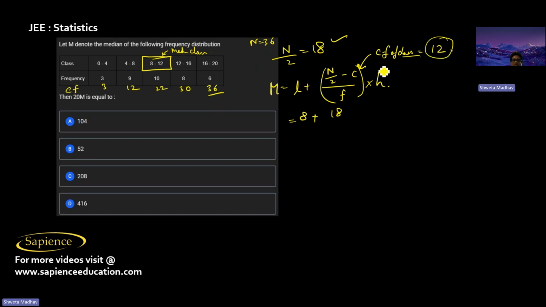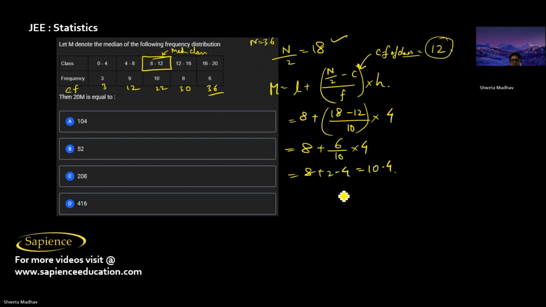So C is 12. 18 minus 12 by frequency f, the frequency of the median class, that is 10, into h. h is the class width, that is 4. So this will be 8 plus 6 by 10 into 4. This will be 8 plus 6 fours are 24 by 10, that is 2.4. So it is 10.4. So the median is 10.4.